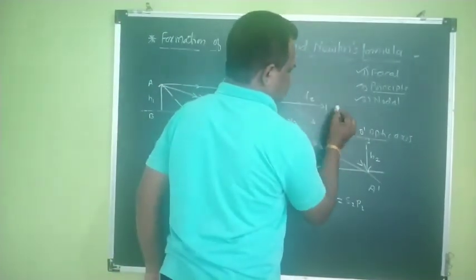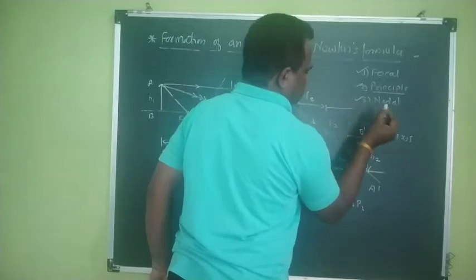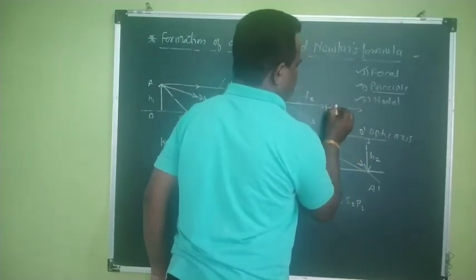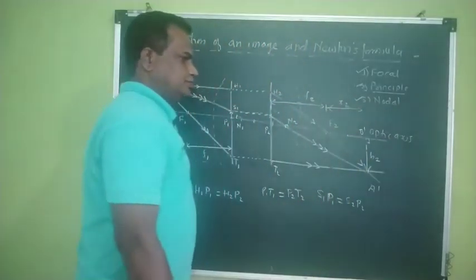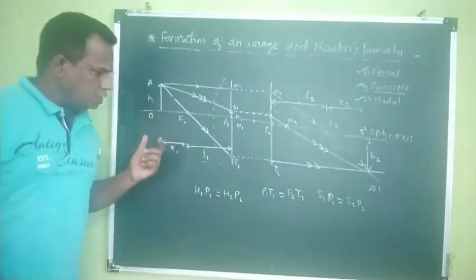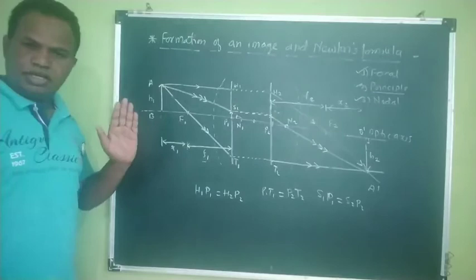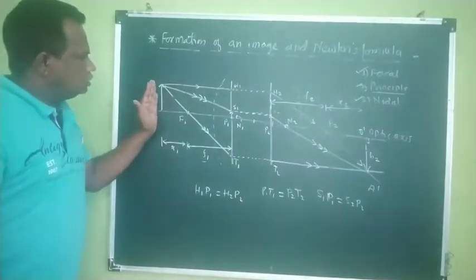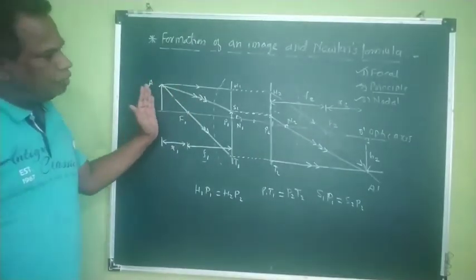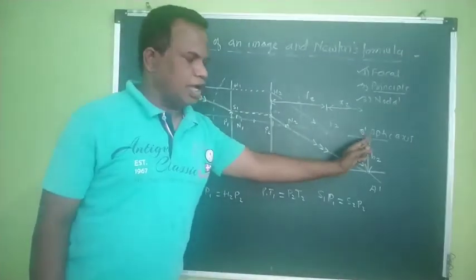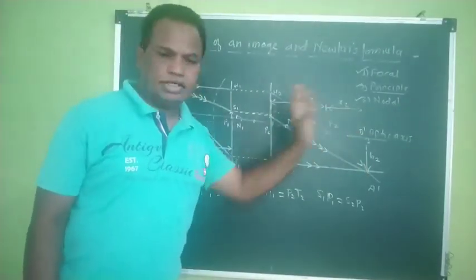And the distance from this focal point to the image is called X2. So that means whenever you put an object at any distance from the focal point, its image will be formed on the other side at a certain distance.